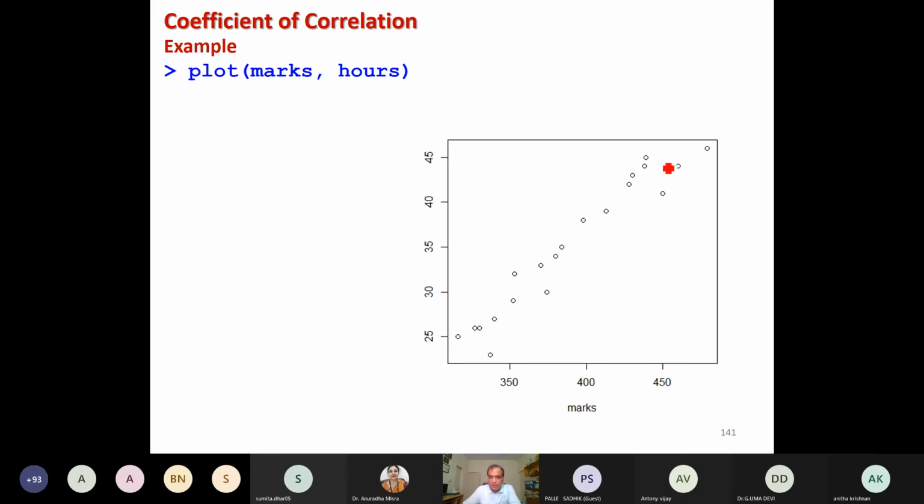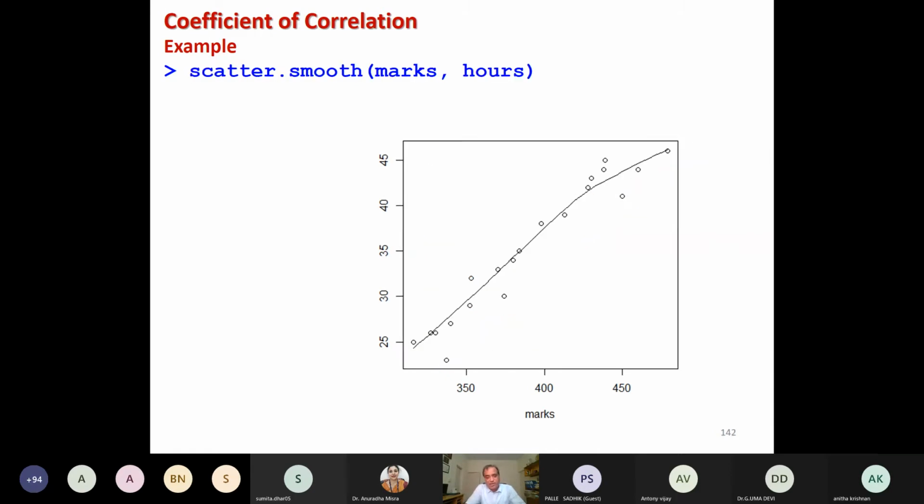You can see when you plot them, it is a nearly straight line. A 100% exact line is difficult to get, but there is going to be some variation. You can see that the relationship can be approximated linearly in a decent way. It's not bad, right? If you make a scatter smooth diagram, that also indicates what type of line you can fit.